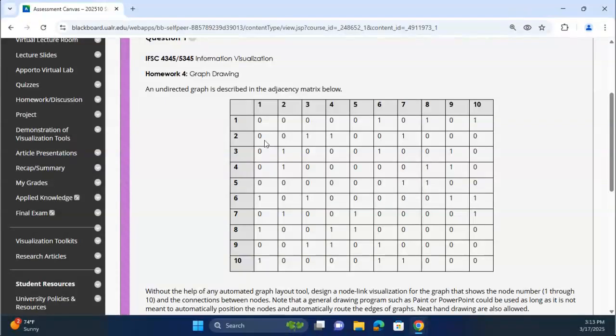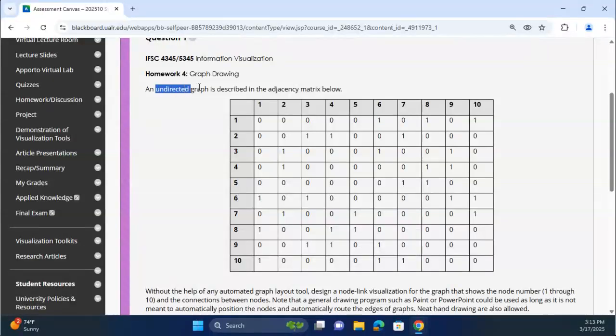The way this adjacency matrix works is that, for example, here, if there is a 0, it says there is no relationship between 1 and 1. There's no relationship between 2 and 1 or 3 and 1. So basically 1 is connected to 6. That's the one that we have here. I'm also telling you that this is an undirected graph.